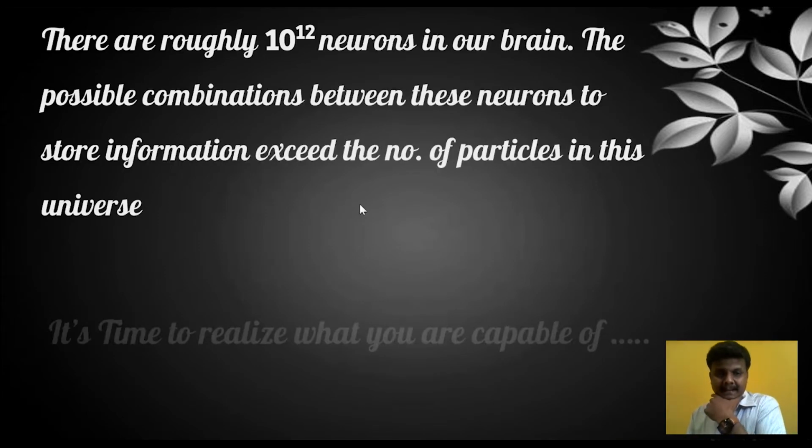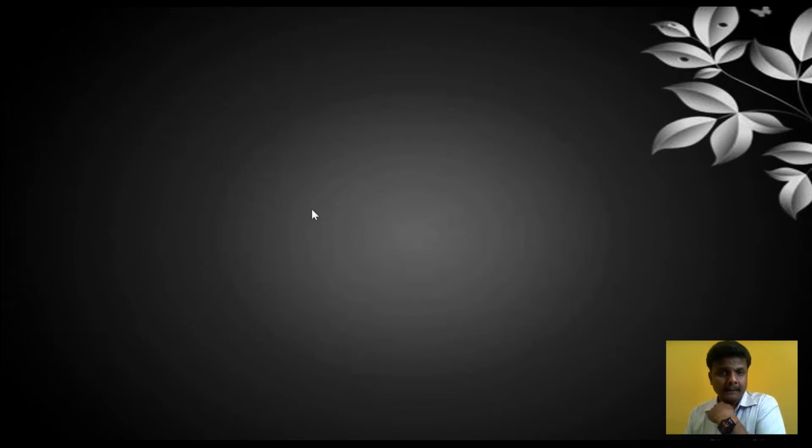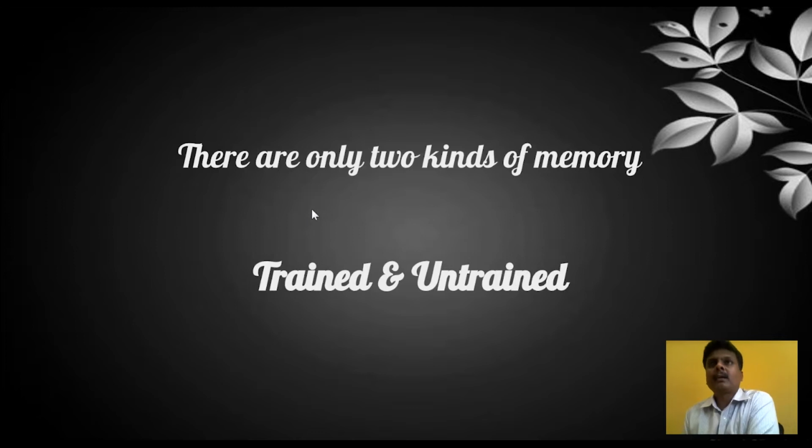So as I said, this is what you're capable of. If at all you're wondering, what are the different kinds of memory, types of memory? There are only 2. My brain is tamed the way we tame a lion.